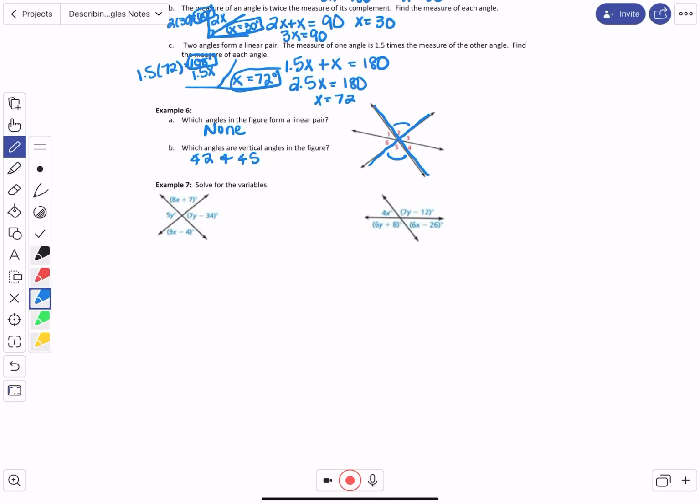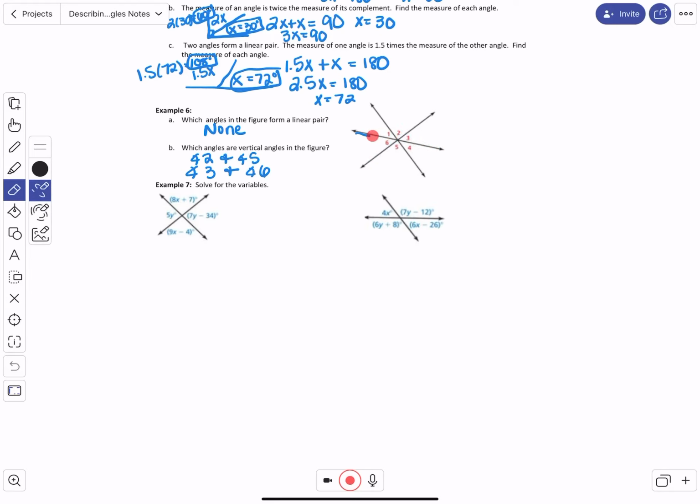Okay, angles 2 and 5 form an X. Let me highlight to make it so we can see it a little bit better. Then we've got angles 3 and 6. Okay, angles 3 and 6, because you've got the X right there.